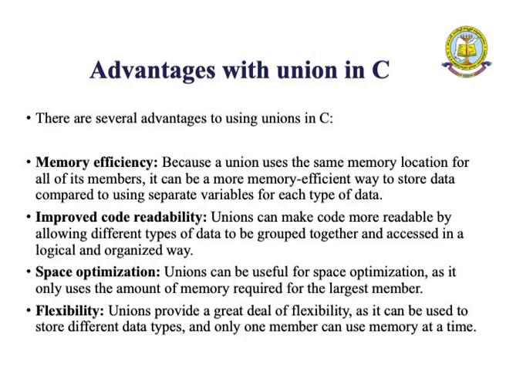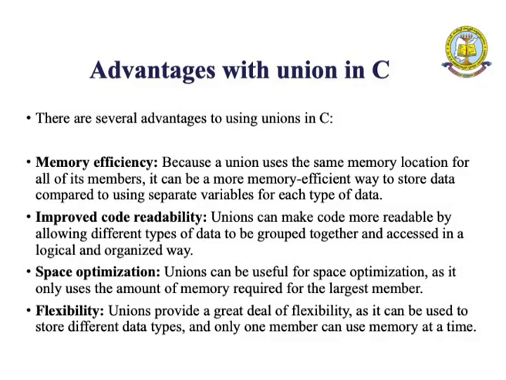The advantages of a union: it is memory efficient, because the union uses the same memory location for all its members. It can be a more memory efficient way to store data compared to using separate variables for each type of data. Union also provides improved code readability.